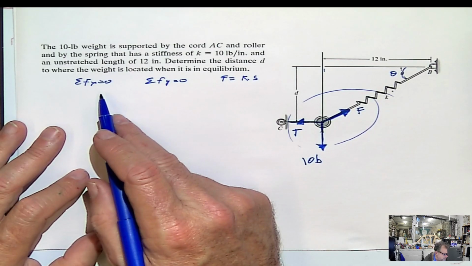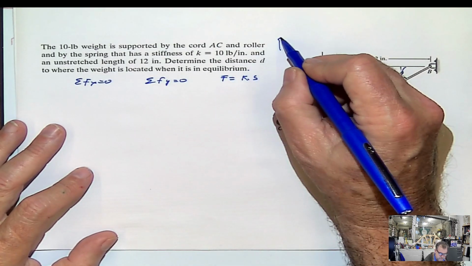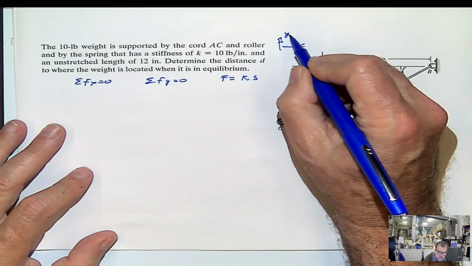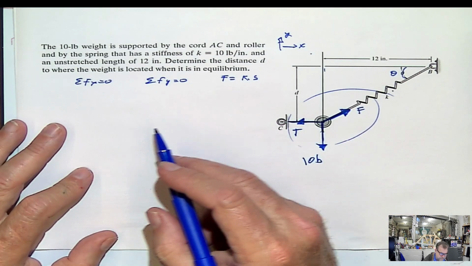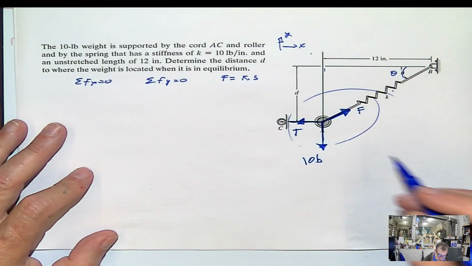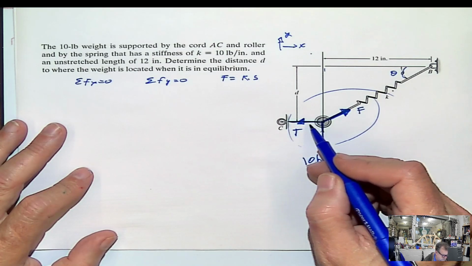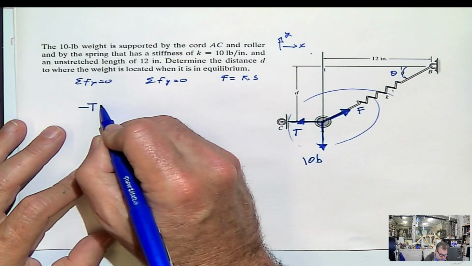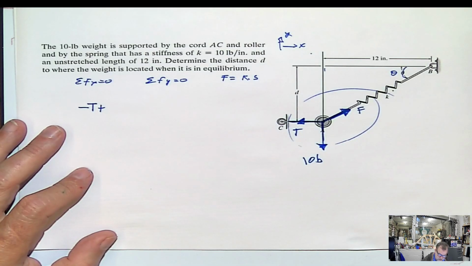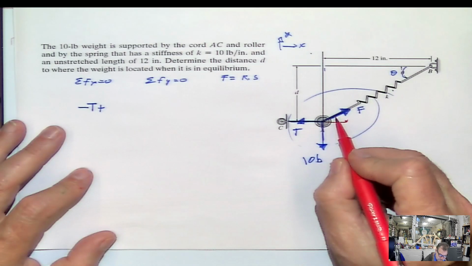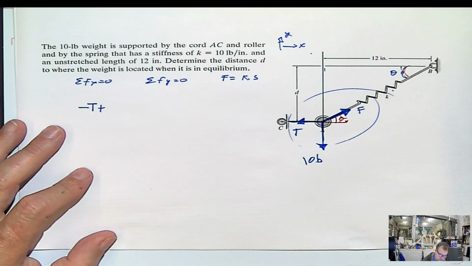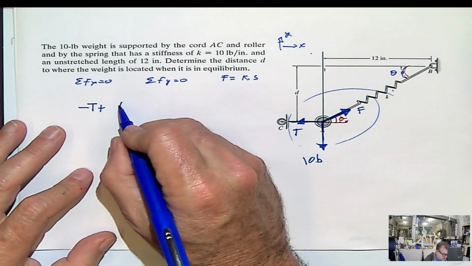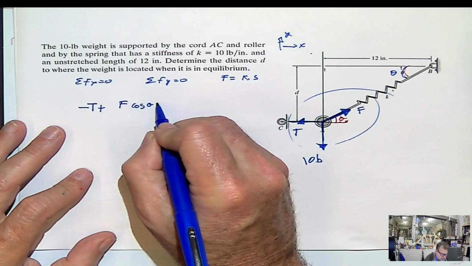Let's start with summation of forces in x equals 0, assuming positive to the right and up. If I do that, basically in x, I'm going to have negative T plus this component. This angle is theta, this angle is theta, so it's going to be F cosine theta equals 0.